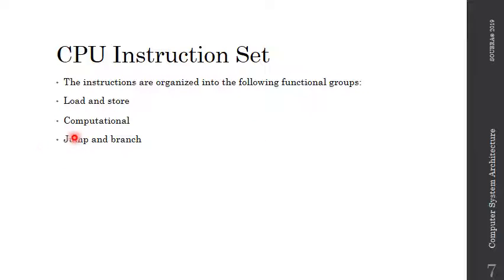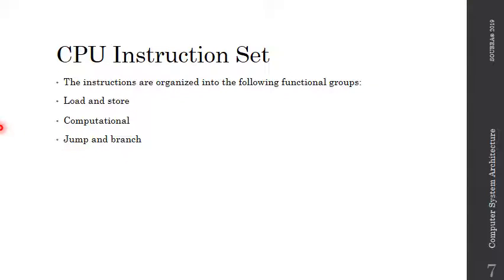So the jump, we've seen that type of instructions, this one will alter the sequential flow of instructions. So we can go from instruction number 1, 2, 3 sequentially, and then jump to instruction number 10, for instance, without going through instructions 5 all the way to 9. And branch could be seen as a jump.